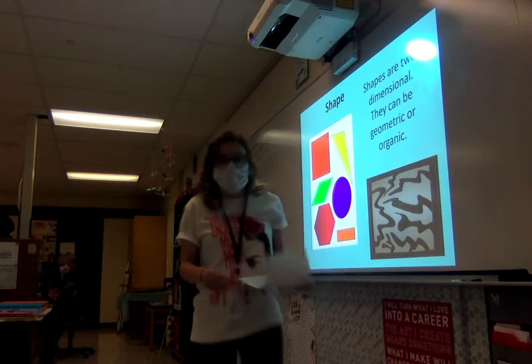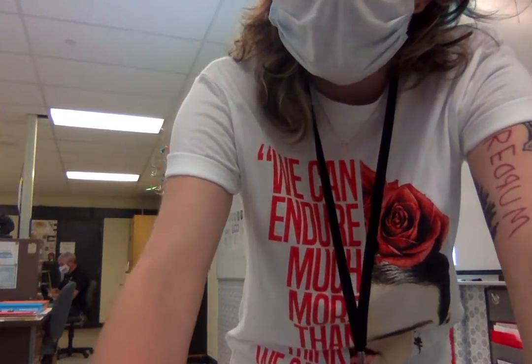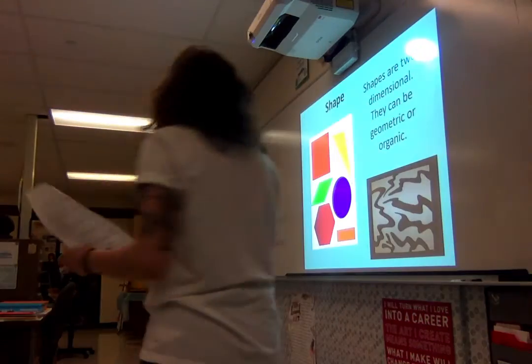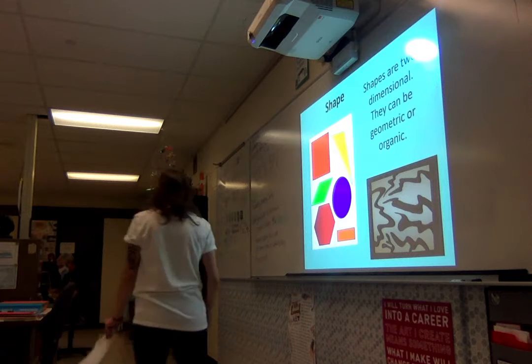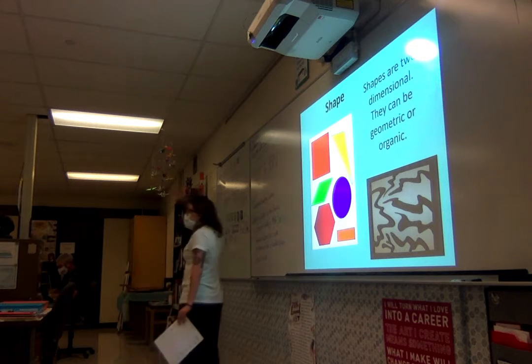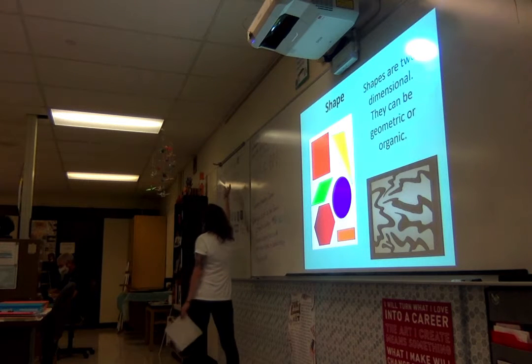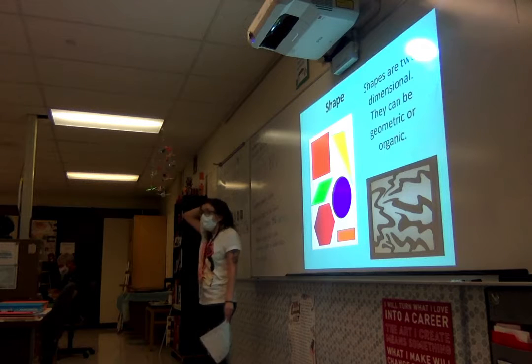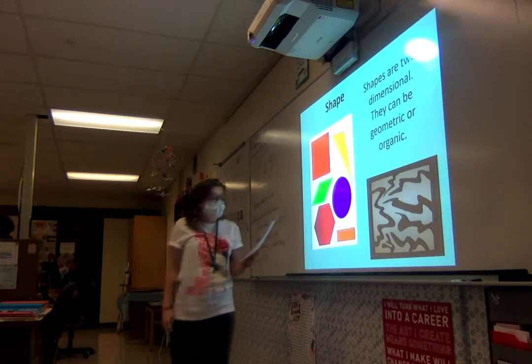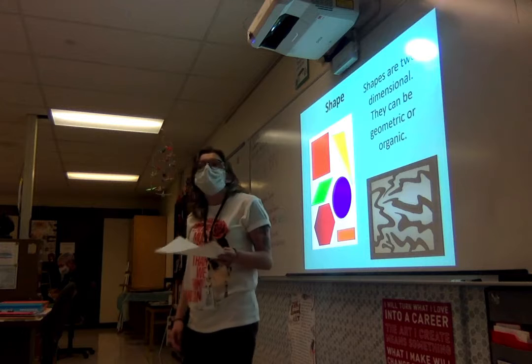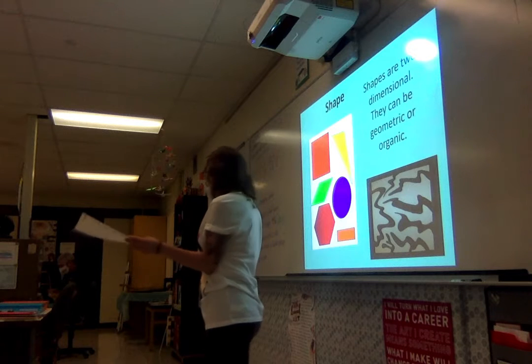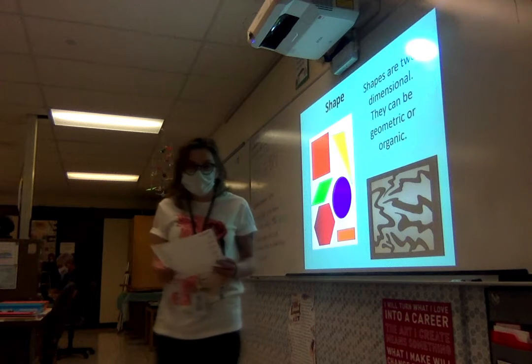Whether that's a triangle, square, circle, anything like that. And then organic shapes are little blobs, got different types of leaves, different types of flowers. So in those two boxes under shape, just fill in a bunch of geometric and organic shapes.